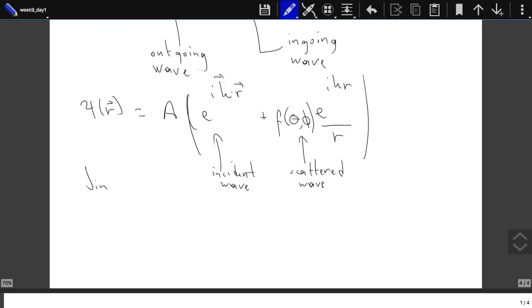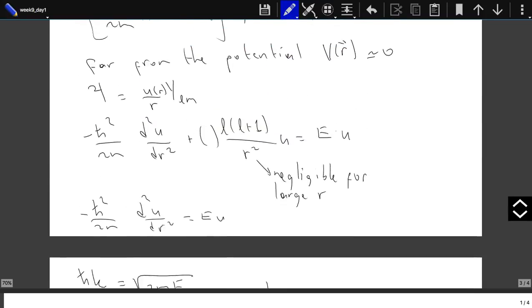We already know the incident current density, which just turned out to be, if you put a normalization, A squared times h bar k over m. h bar k is the momentum, divided by m, that's the velocity. This is the incident current density. Now we need to calculate the scattered current density. Well, we already know the scattered wave function, so just use this expression.